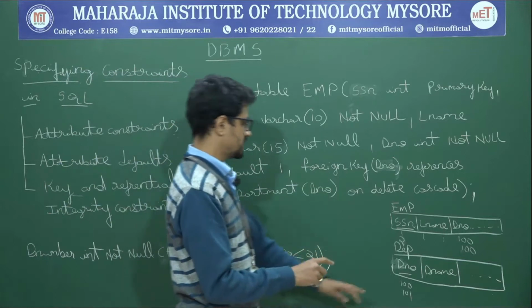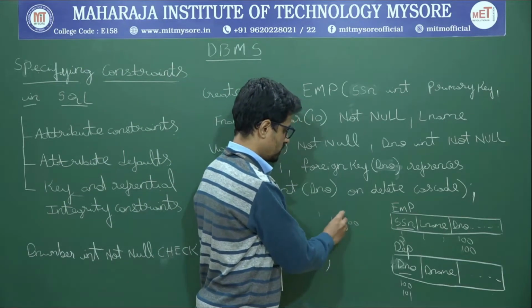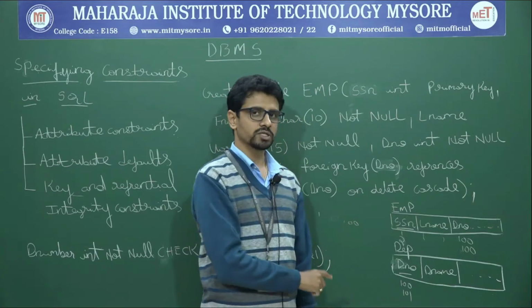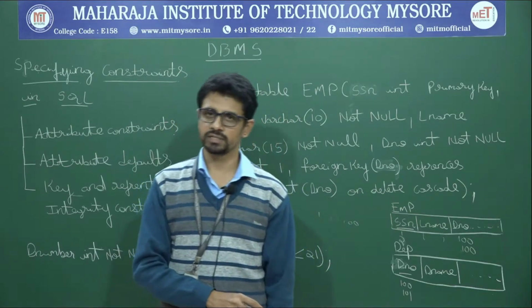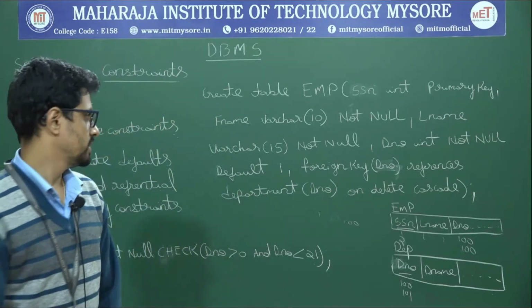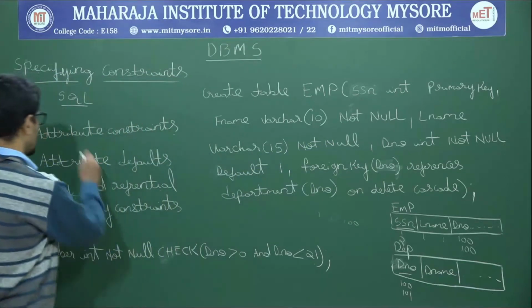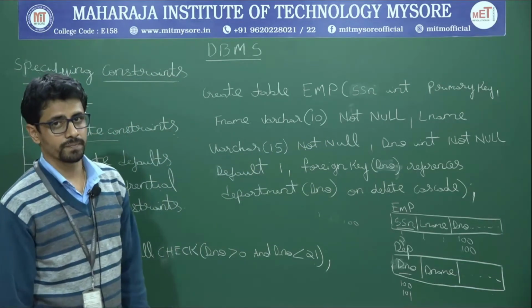So if, while inserting, I just insert 1 and 100 without inserting the value of the last name, it will throw me an error saying that a not null constraint has been incorporated. You need to insert some value for the last name. So that is the not null constraint. This is the attribute constraint I am giving here.